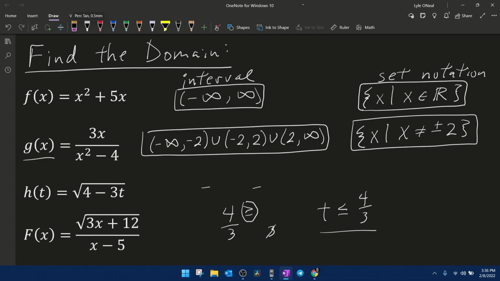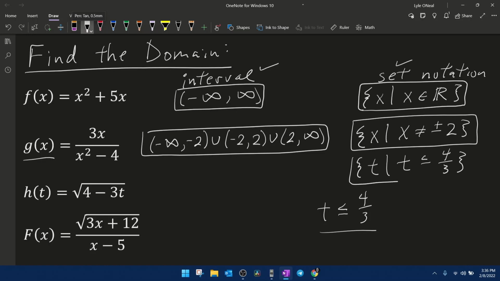To write that as the domain, remember you must use either set notation or interval notation. Here the set notation would be the set of all t such that t must be less than or equal to 4/3. And so that would be your domain in set notation.